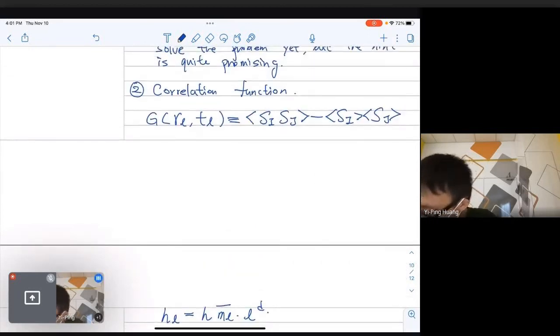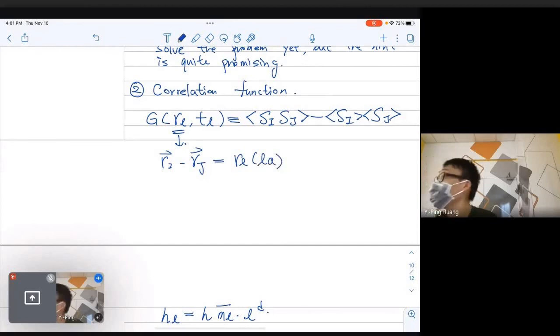Here RL is basically the distance measured in units of LA. What I mean by that is the distance between I and J is actually RL times the length unit LA.